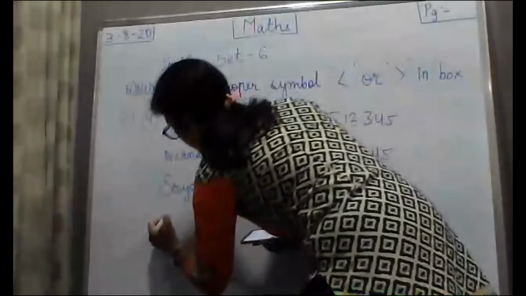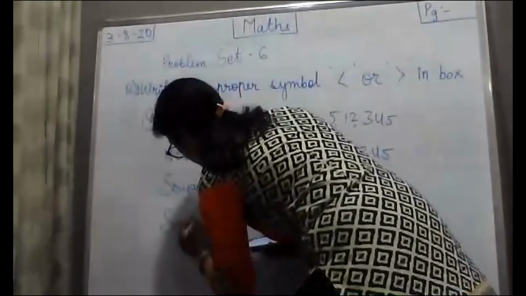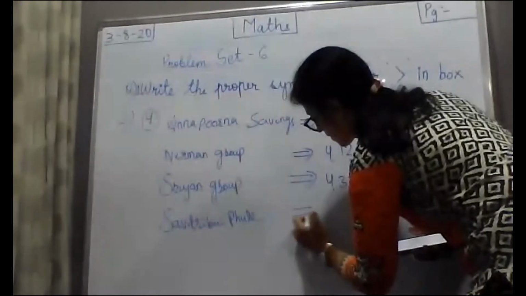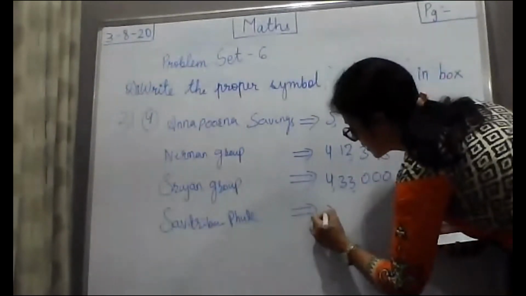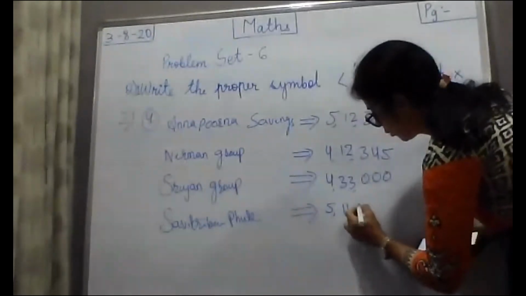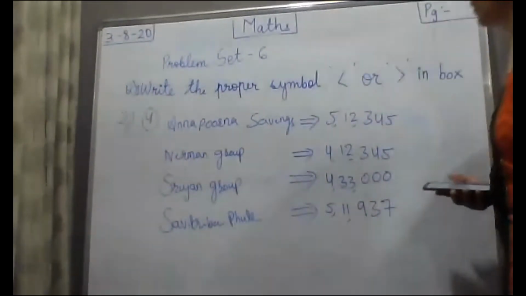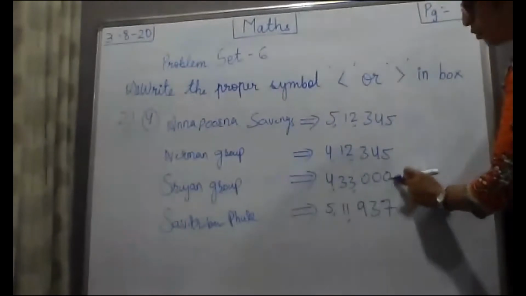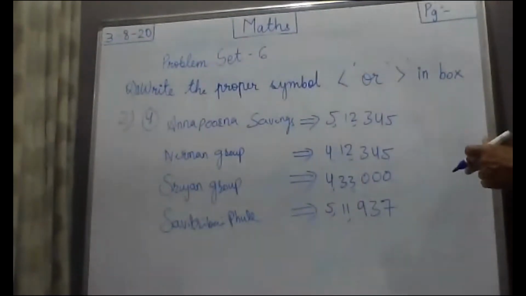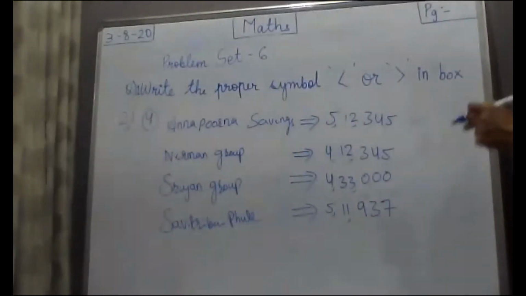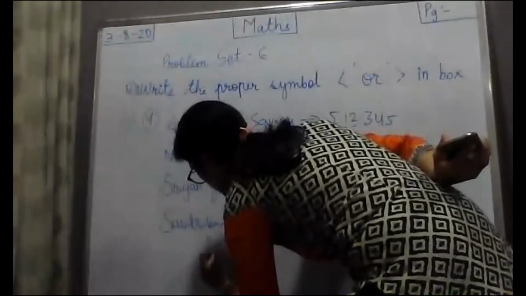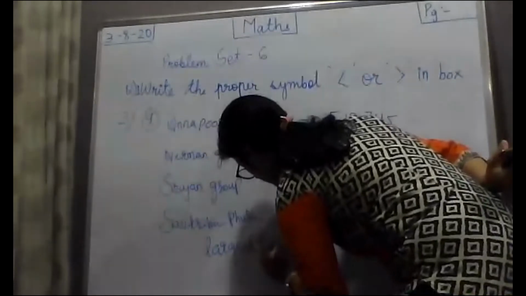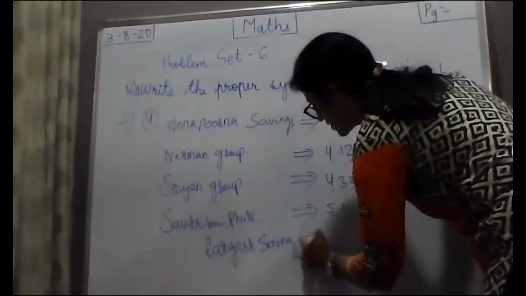And Savitribai Phule is 5,11,937. Now you see, you have to just compare these four numbers, and from these four numbers, you have to find out which group actually has the largest sales. So who is having the largest?